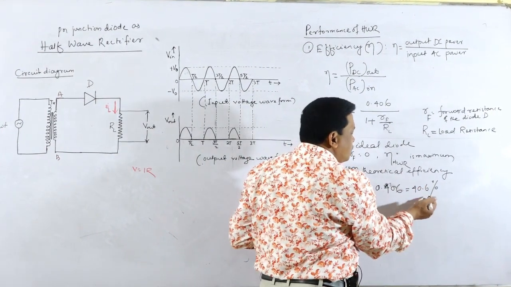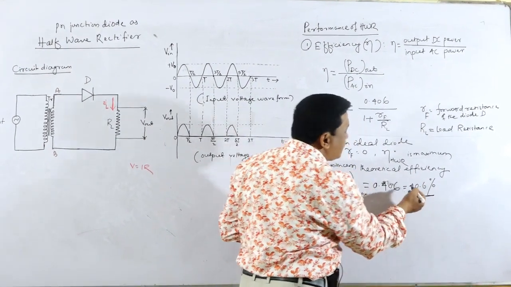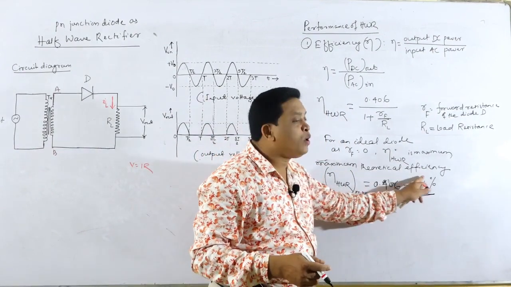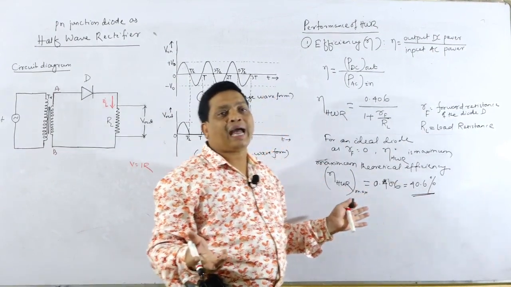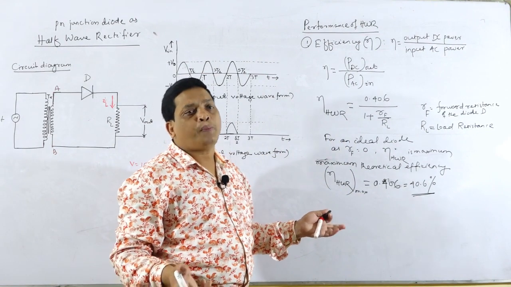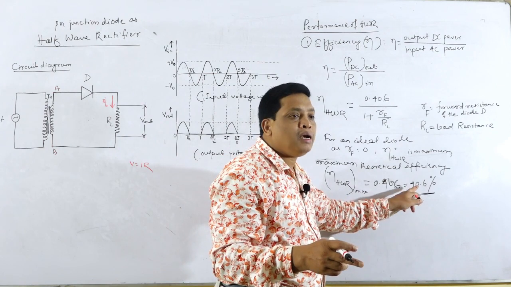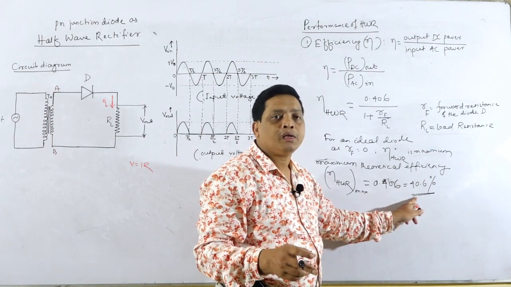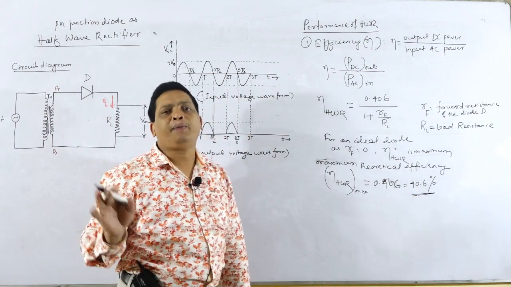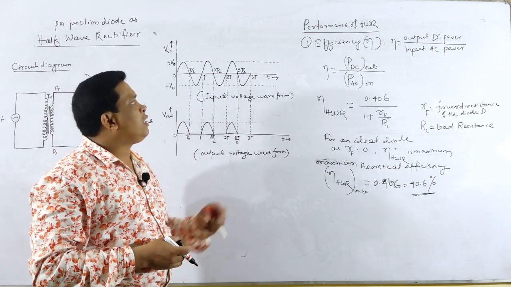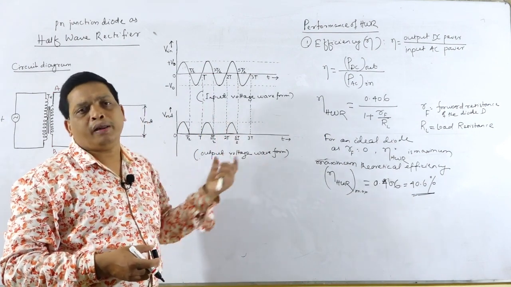So only 40.6%, and that too, this is the theoretical value, but practical diodes are not ideal. So practical diodes will have efficiency less than this value. That means the half wave rectifier is not rectifying properly.